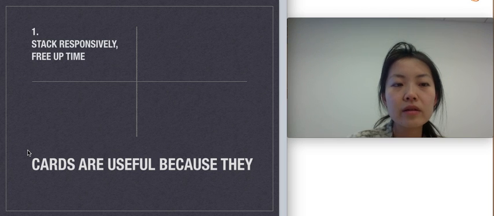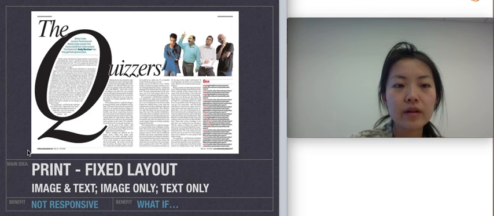1, cards stack responsively. Now, in this analog fixed layout print magazine, you see that there is a queue area with some text. There are 4 men, and then there's more text.